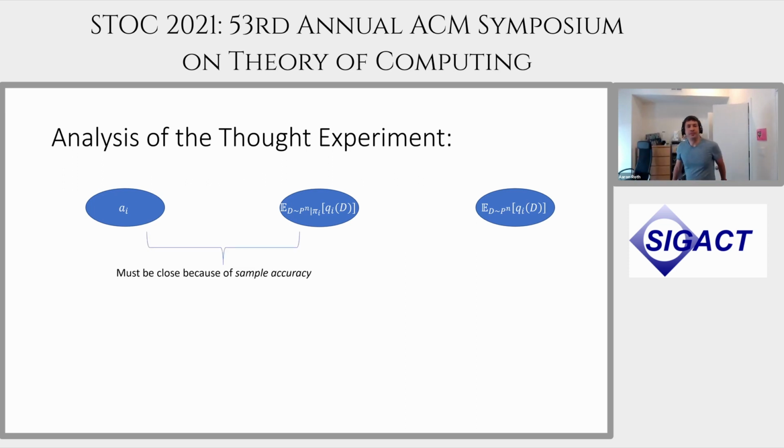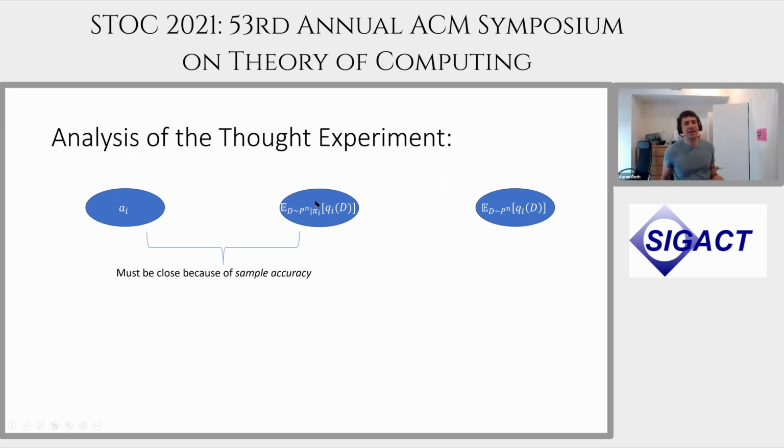And what we're going to argue is that on the one hand, the guarantee of sample accuracy, the fact that our mechanism provides answers that are accurate with respect to the underlying data set, means that the answers our mechanism provides must be close to the expected value of the query on the conditional data distribution.